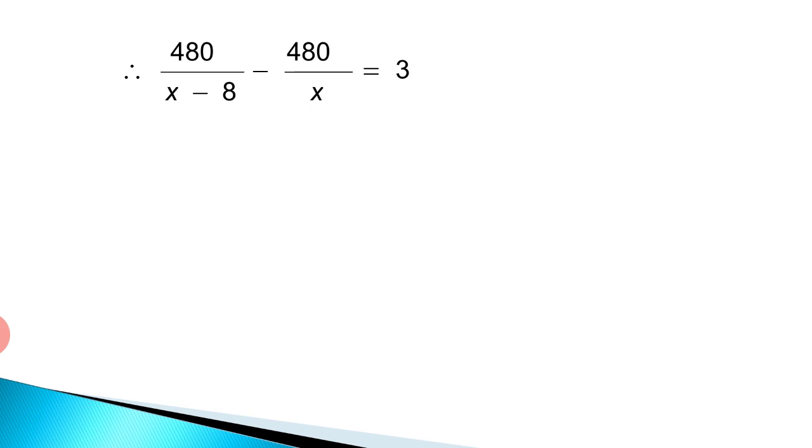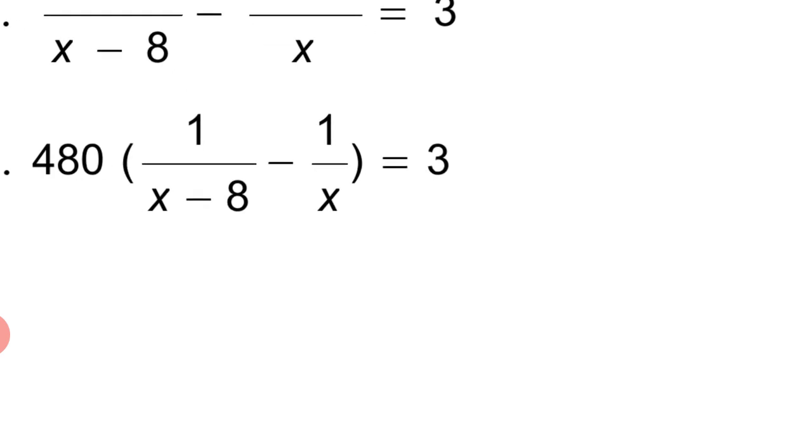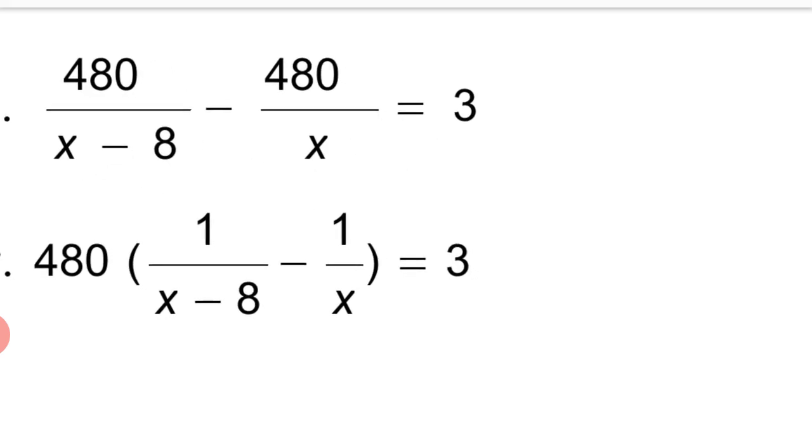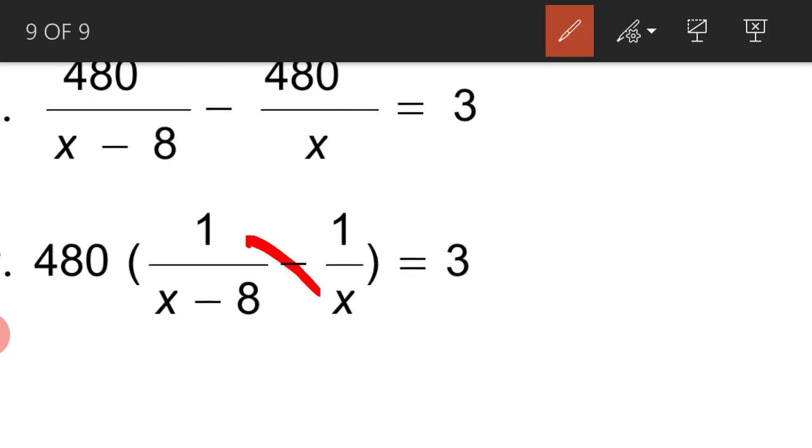Now simplifying this equation, because still it is not in the form of a quadratic equation. So let us simplify. We can take 480 common. So in the bracket you will get 1 upon x minus 8 minus 1 upon x. Now simplifying this, what will be the LCM of these two?